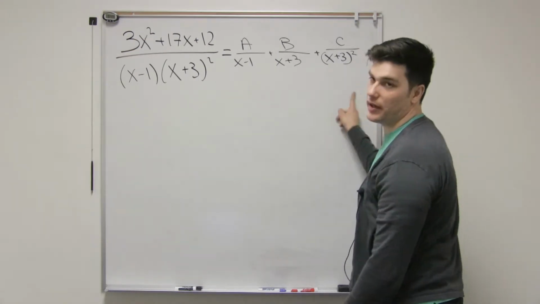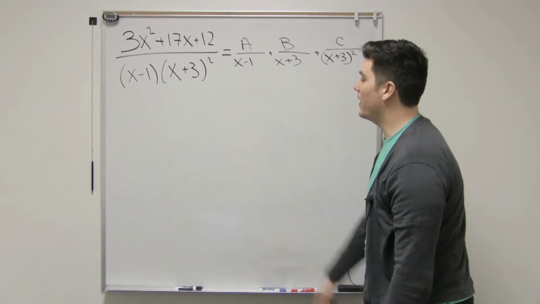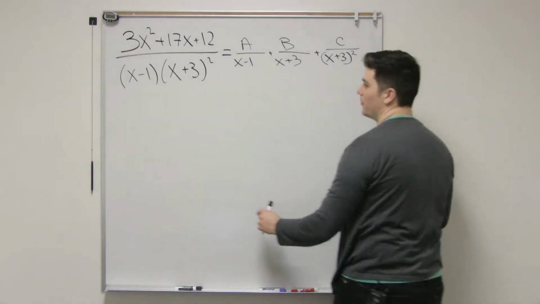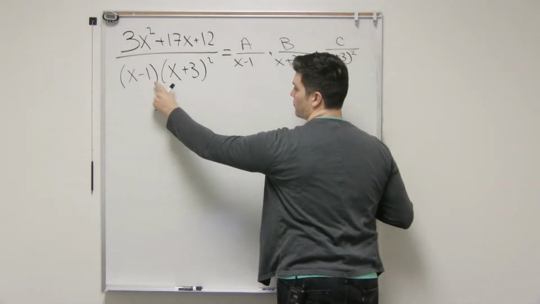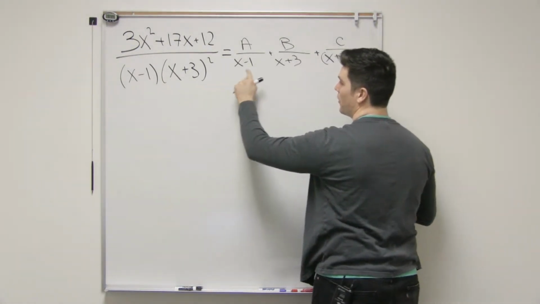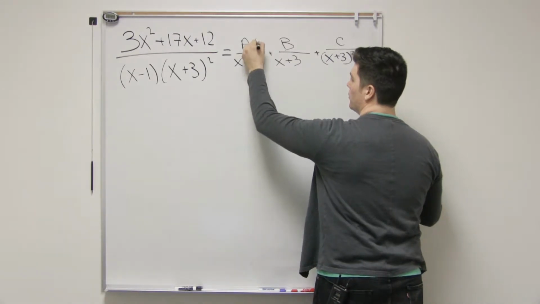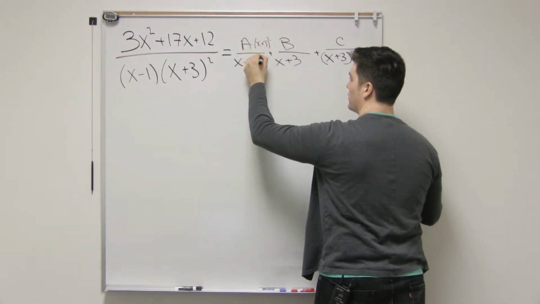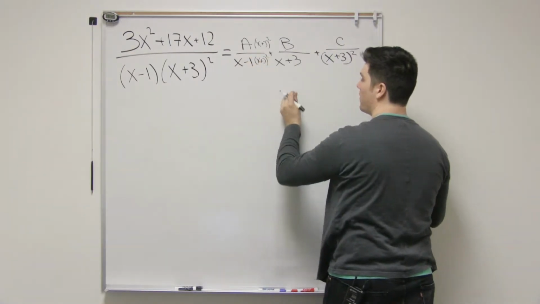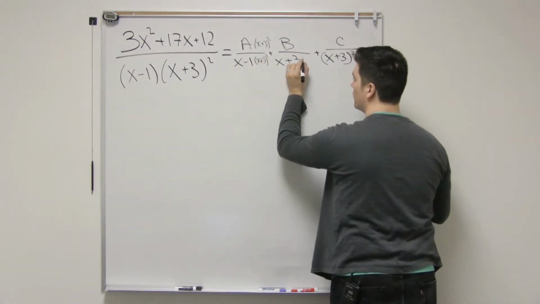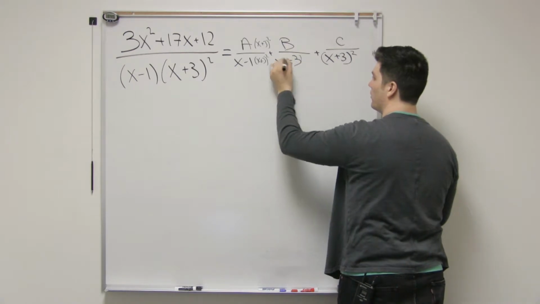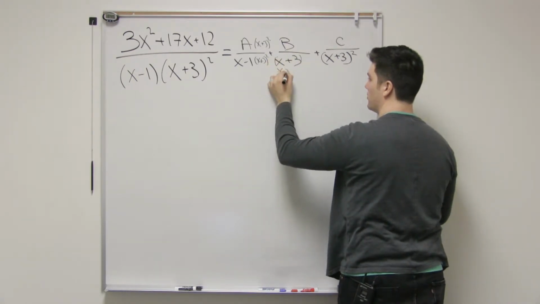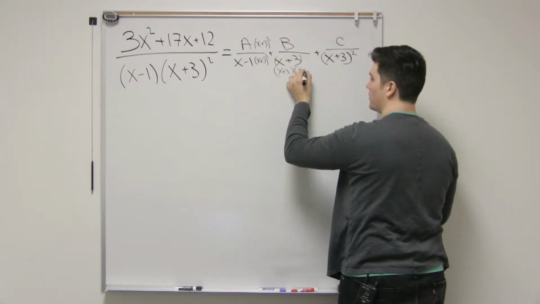So now we want to combine these three fractions to get them to look like that. In order to get a common denominator, our goal is x minus 1 times x plus 3 squared. So all that's lacking here is our x plus 3 squared. If we have an x plus 3 already, we're going to want to multiply by another x plus 3 and an x minus 1.